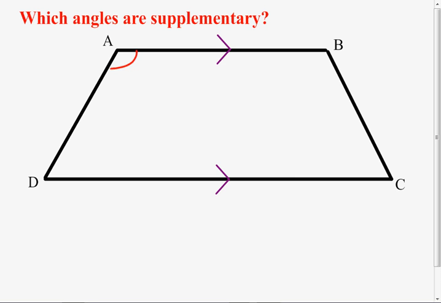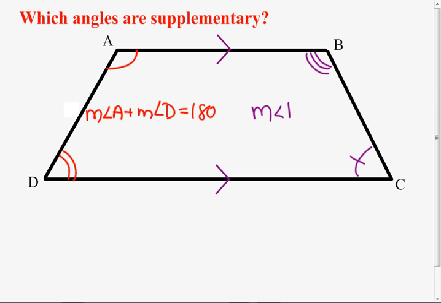So A is consecutive to D. So the measure of angle A plus the measure of angle B has to add up to 180. Can you name the other pair? The other pair would be this one. And I'll use different tick marks because they're not necessarily congruent. The measure of angle B plus the measure of angle C have to add up to 180 degrees.